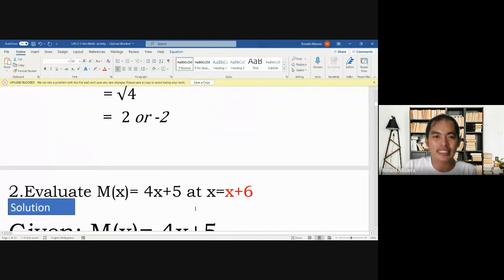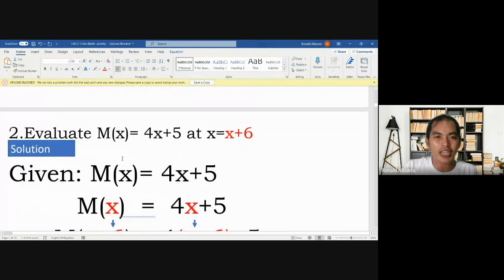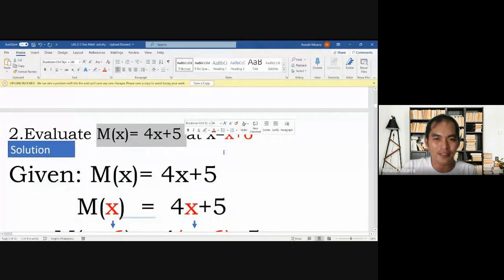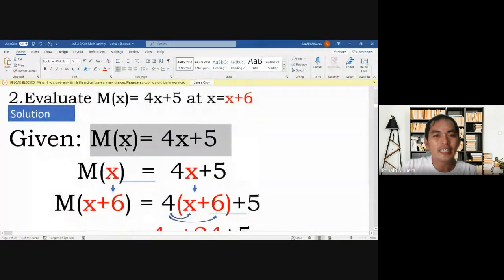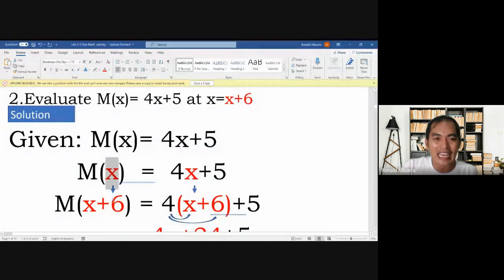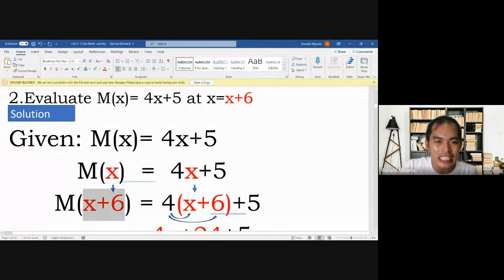Another example. Suppose you are going to evaluate the function m of x equals 4x plus 5 at x equals x plus 6. So as your solution, always write first the given, m of x equals 4x plus 5. Then, itong x, papalitan na natin ng value which is x plus 6.